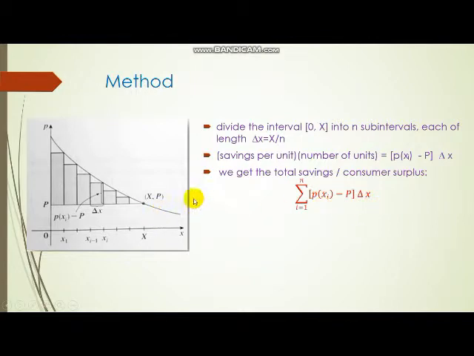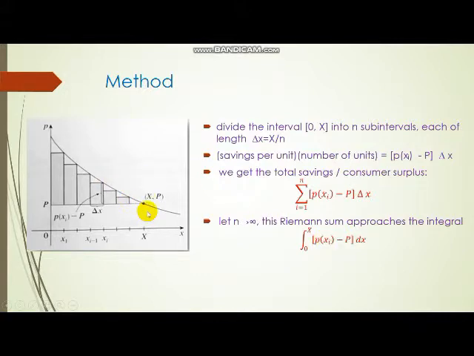To make the area more accurate, we need to make the subintervals more, so we let n approach infinity. So this Riemann sum approaches the integral. So we need to integrate the price demand minus the actual price from 0 to x.